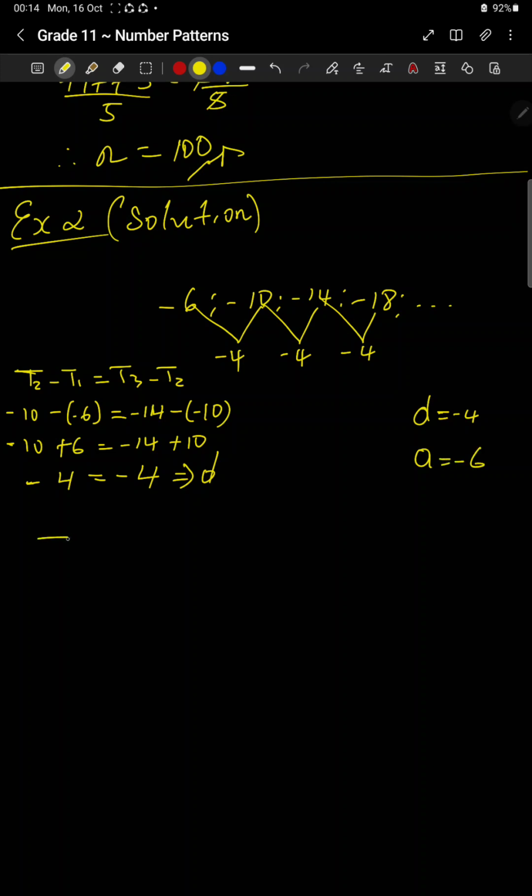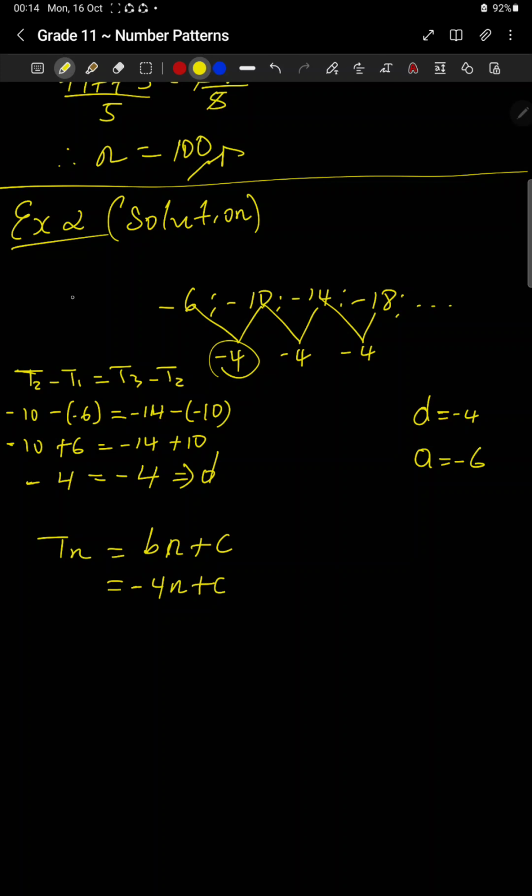The formula now says Tn is equal to bn plus c. I said it's always that one, b, which means we have negative 4n plus c.